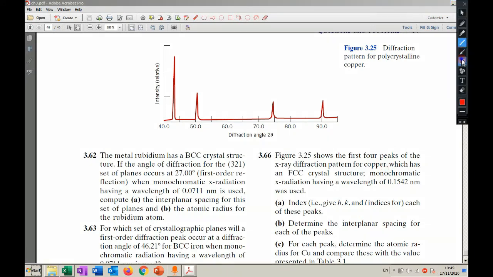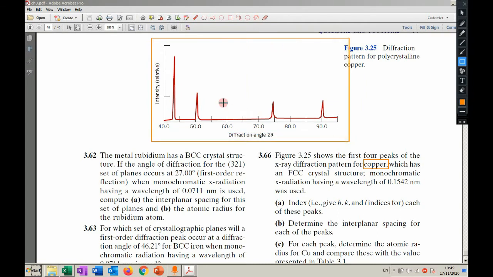Because since it's for one element, for each of the peaks the crystal structure is the same. We don't have a different crystal structure for each of the peaks here, because it's only one element. So all the peaks have the same crystal structure.